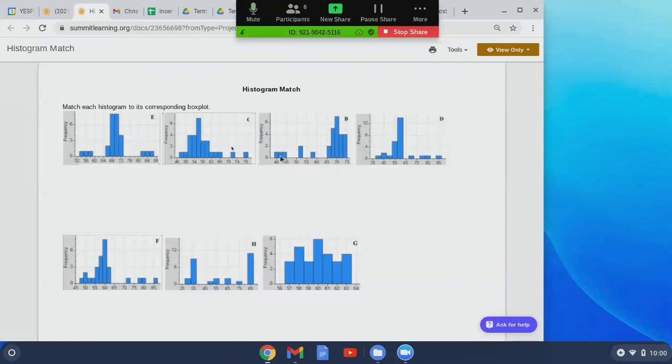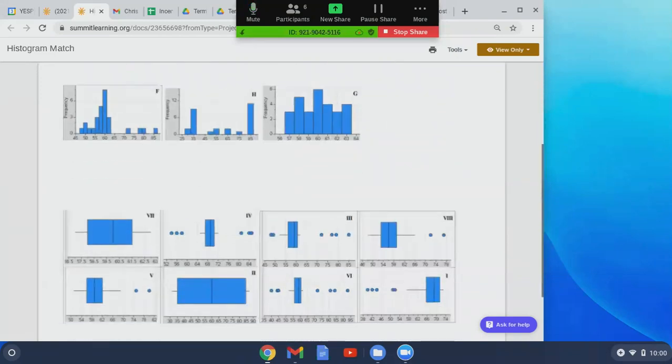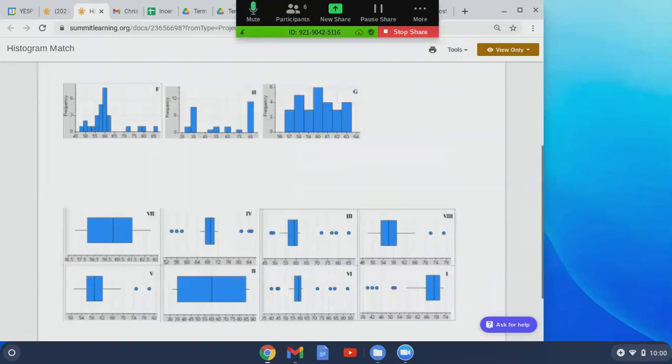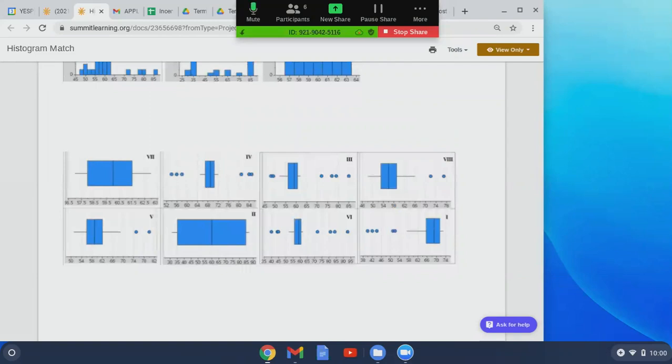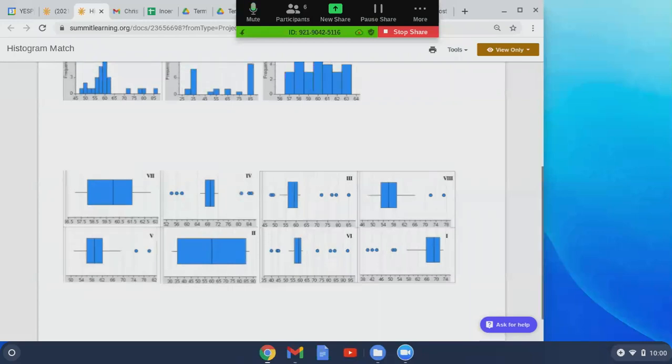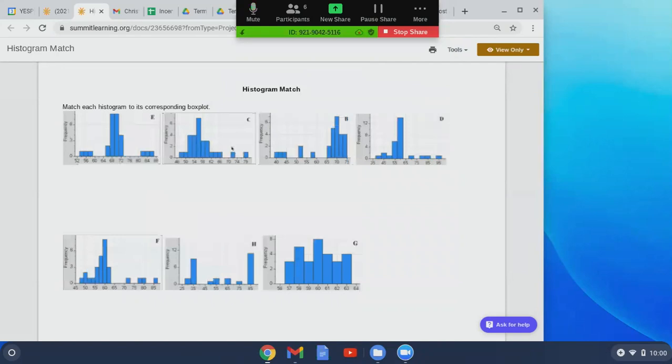So we should have 5 outliers out front and then your box plot. So let's slide down to the bottom. Again, you got 5 outliers out front, and then you have the body of data. So looking at the box plots, which one matches histogram B?